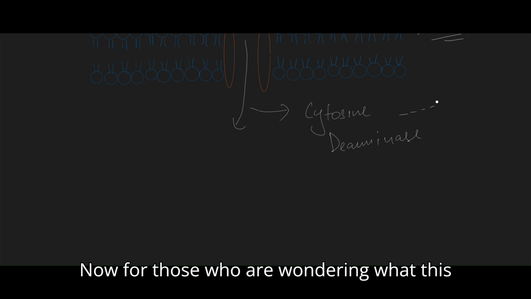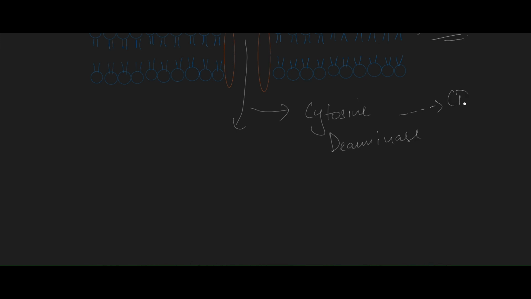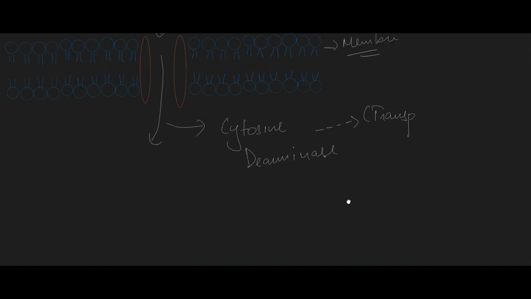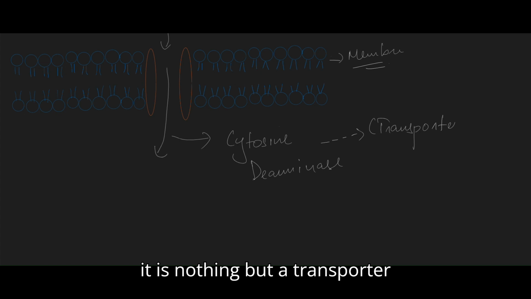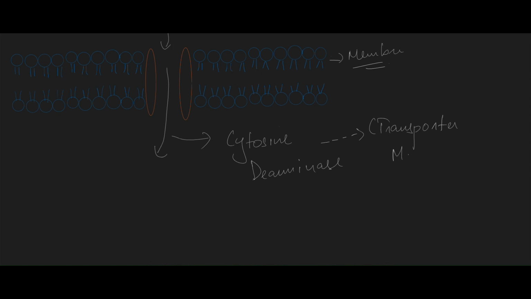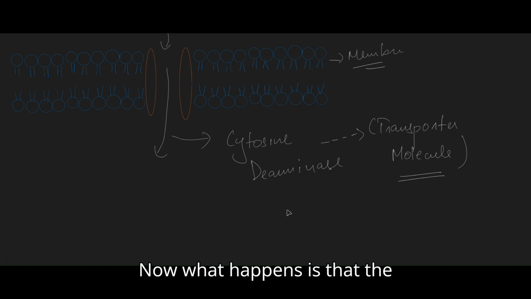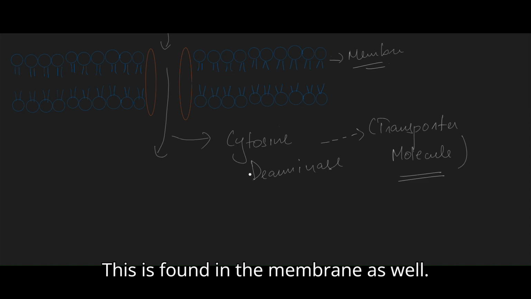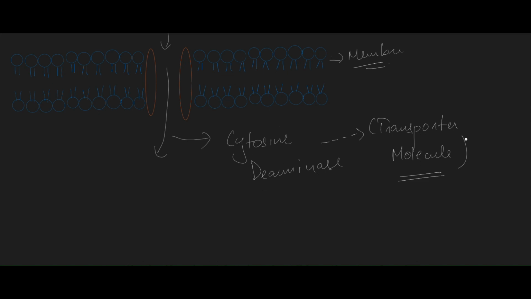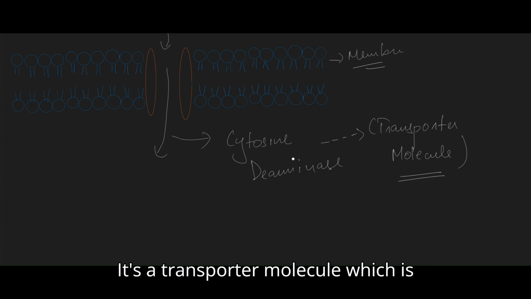Now, for those who are wondering what this is, it is nothing but a transporter molecule. This is found in the membrane as well. It's a transporter molecule which is found in the membrane.